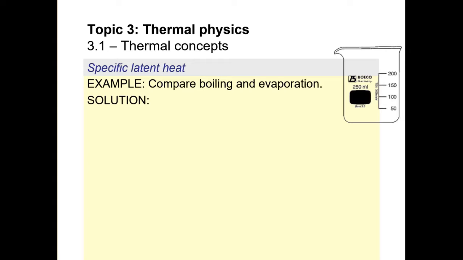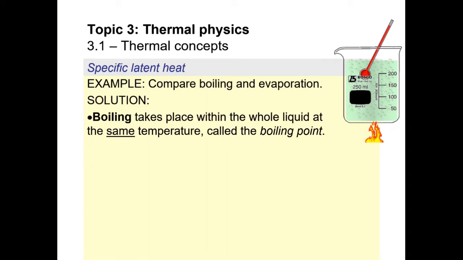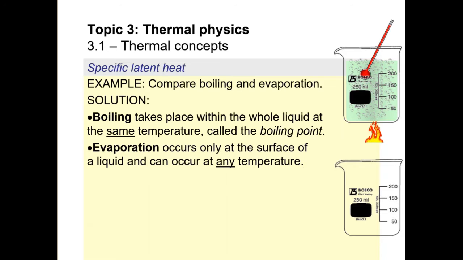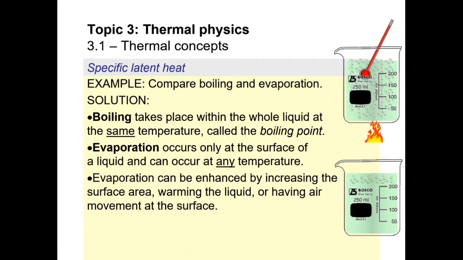Compare boiling and evaporation. Boiling takes place within the whole liquid at the same temperature, called the boiling point. Evaporation occurs only at the surface of the liquid and can occur at any temperature.